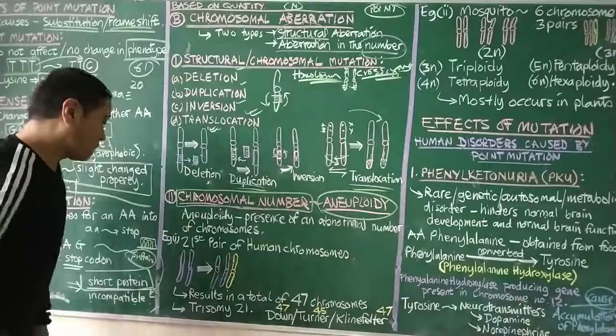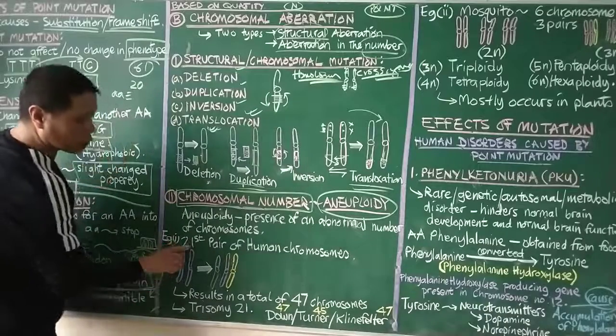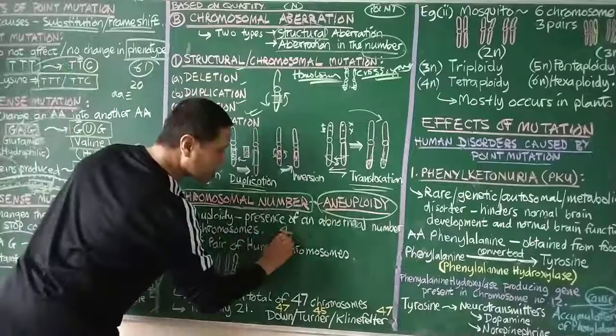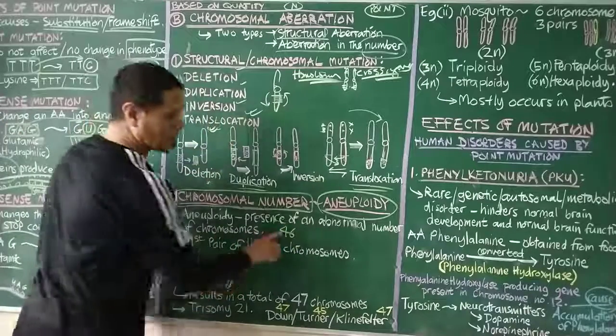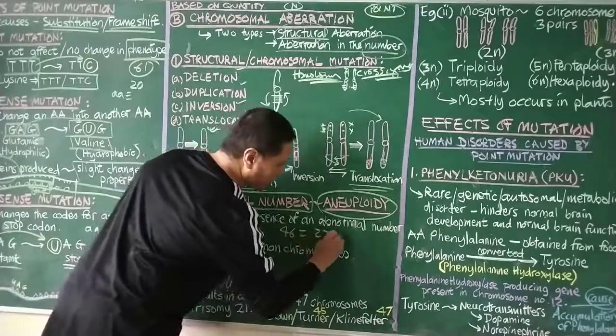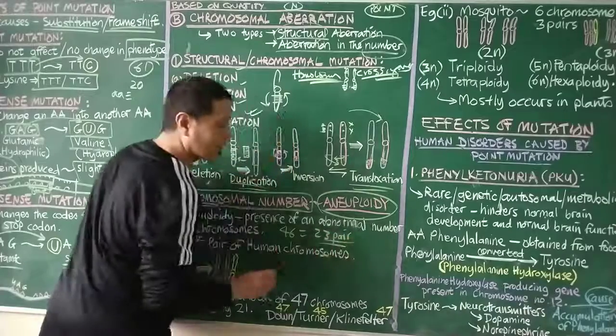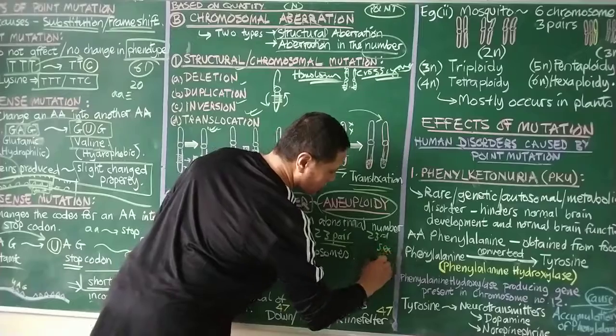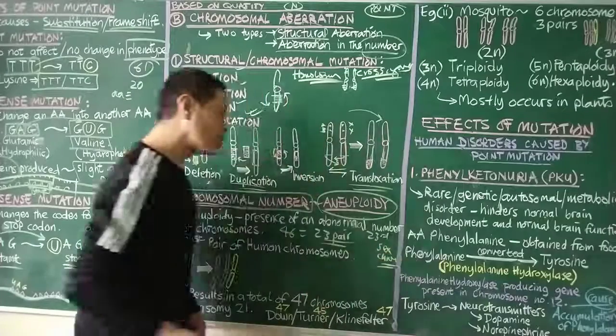First example, we take the case of the 21st pair of human chromosomes. We know that there are 46 human chromosomes. It's paired up into 23 pairs. We also know that the 23rd pair is called the sex chromosomes because it determines gender.